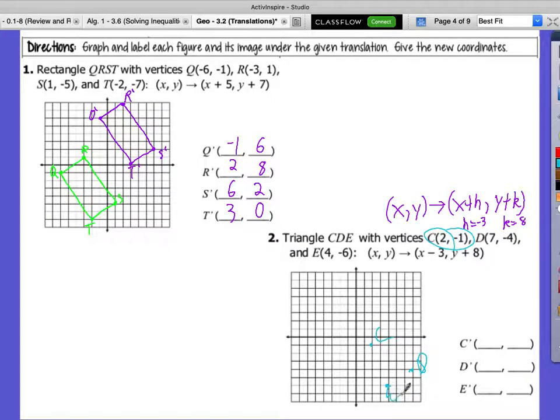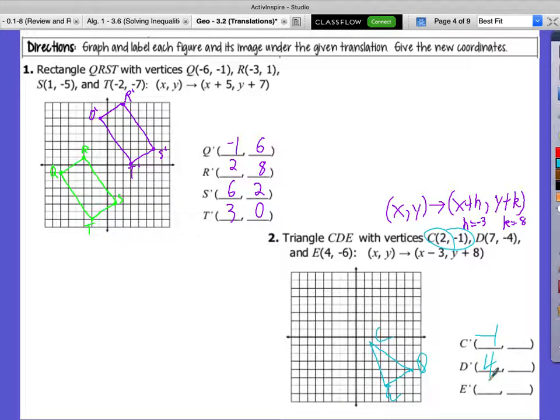And then that's an E. And then you connect them like so. And then you take 2 minus 3, so then that would be -1. And then you take 7 minus 3, that would be 4.